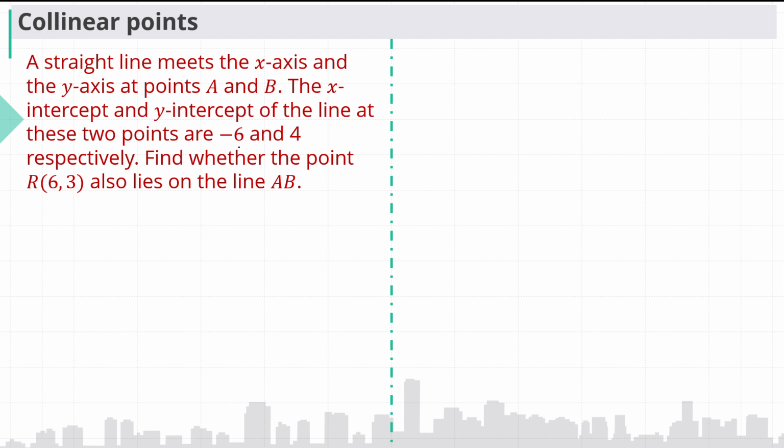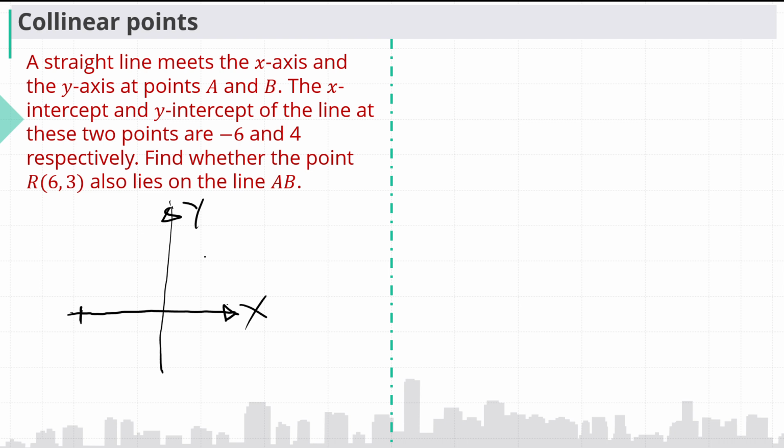A straight line meets the x-axis and the y-axis at points A and B. The x-intercept and y-intercept of the line are minus 6 and 4. Okay, let's have the x-axis here and the y-axis here.